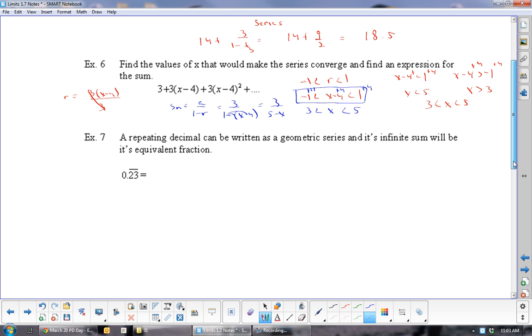I multiplied the negative sign into the brackets to give it a plus. So this would be your equation, and as long as x is between 3 and 5, you will get convergence.